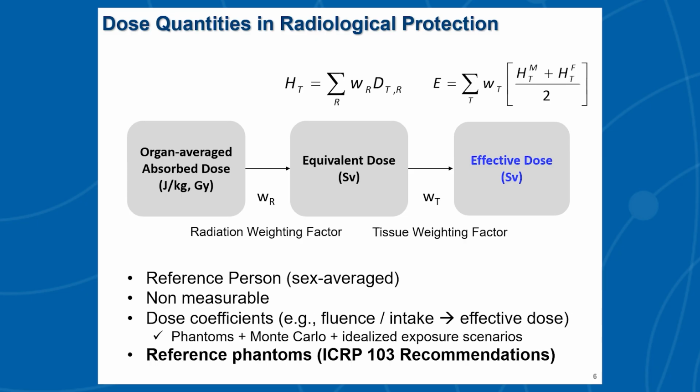Before the current ICRP 103 recommendation, ICRP did not specify a particular phantom, and in fact, various mathematical phantoms had been used. In the ICRP 103 recommendation, the ICRP first specified the reference phantoms considered as a reference person for the calculation of protection quantities.